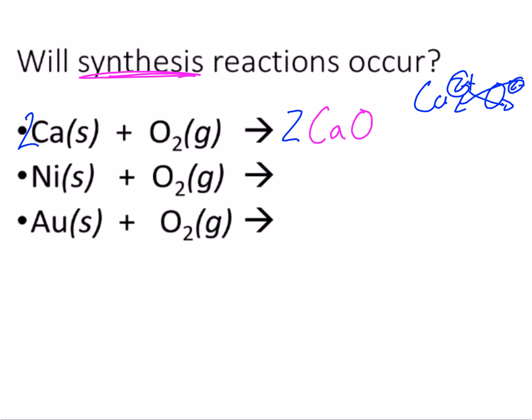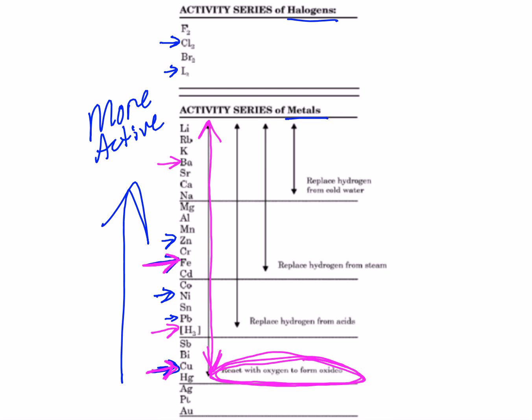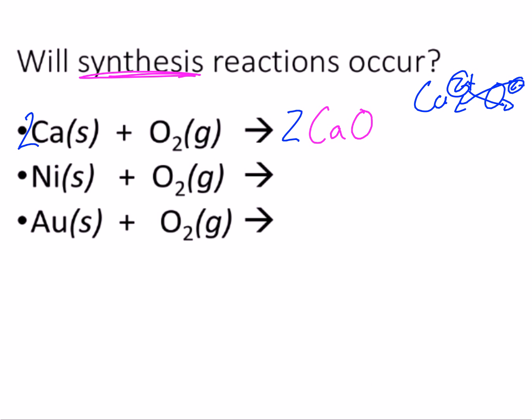The next one, nickel plus oxygen. Will that take place? Absolutely, because nickel's right there, it's within that arrow. So again, this doesn't tell us what it is. Let's say it's just going to be nickel 1 in this case. What's my formula going to be if that is nickel 1 over there on the left? Write your crisscross out. Nickel is a 1+. Oxygen's a 2-. What's our formula going to be? Ni2O. How do we balance that equation?